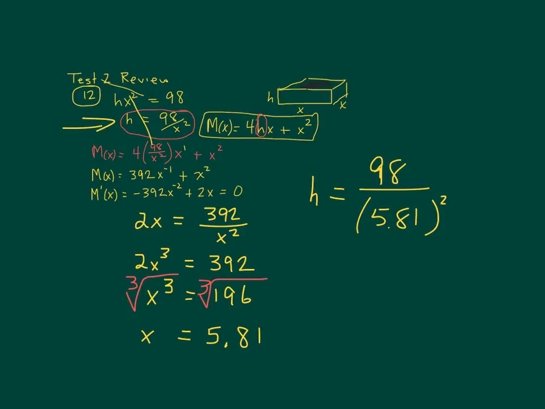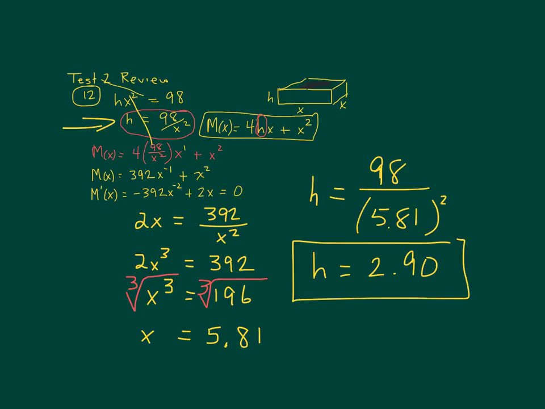So 98 divided by, and on this particular calculator, the one that I recommended, you can pull that answer back up by saying second answer and then square it, press equals, and that gives me 2.90. And that is going to be the dimensions of this box.